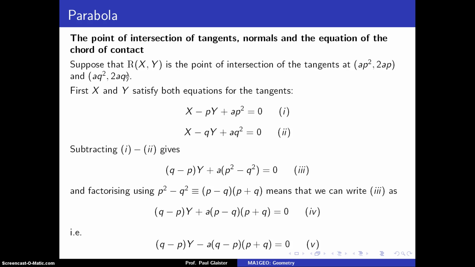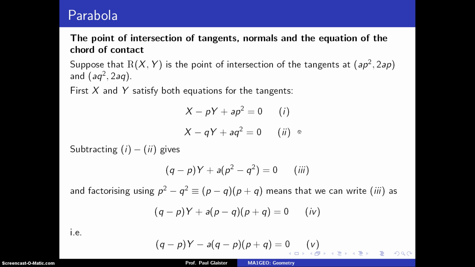And let's suppose that R(X, Y) are the coordinates of that point of intersection. Now, the tangent at (ap², 2ap) has the form given by equation 1, and similarly the equation of the tangent at (aq², 2aq) is given by equation 2.